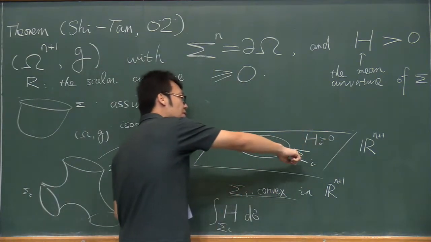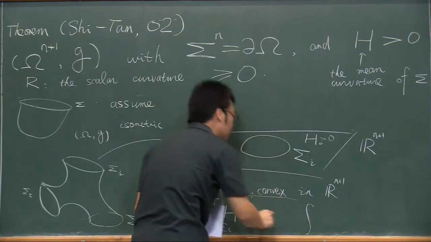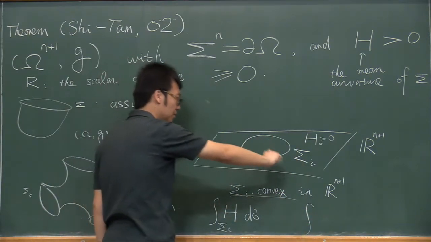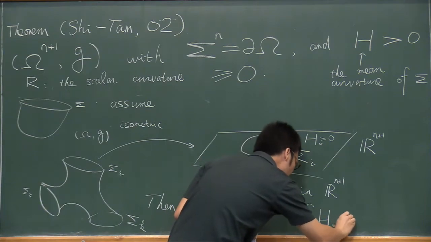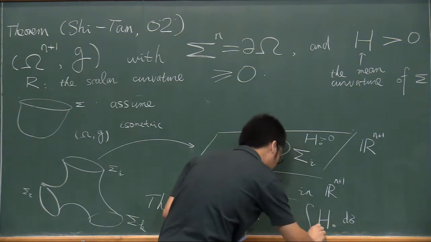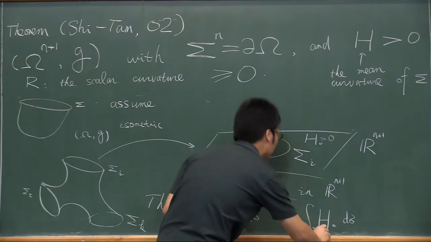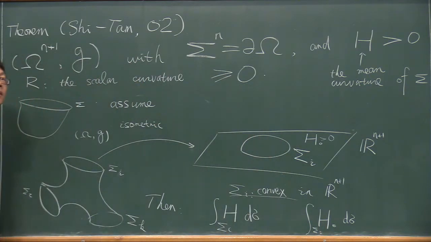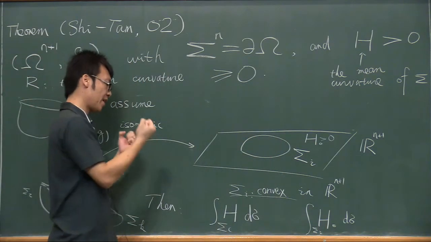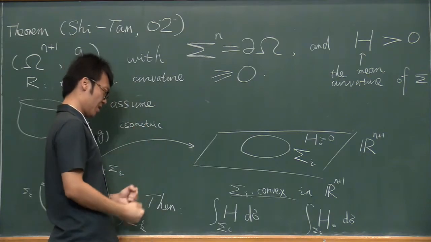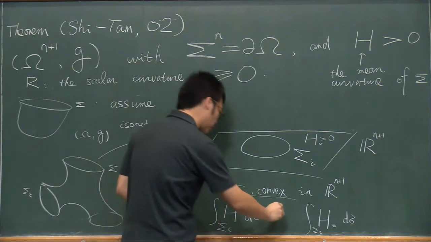So one can also consider the total mean curvature of the surface in the Euclidean space.